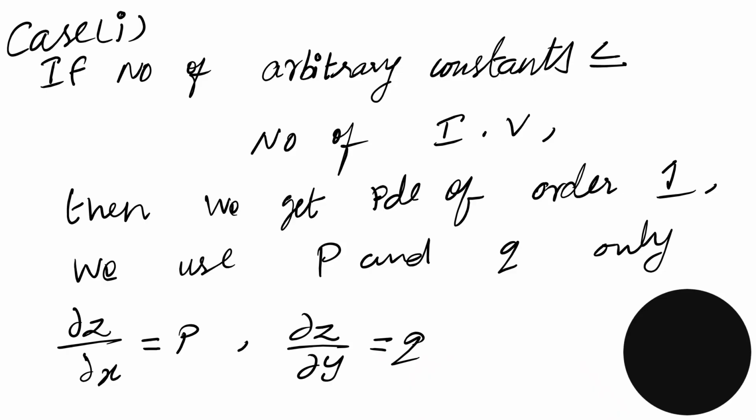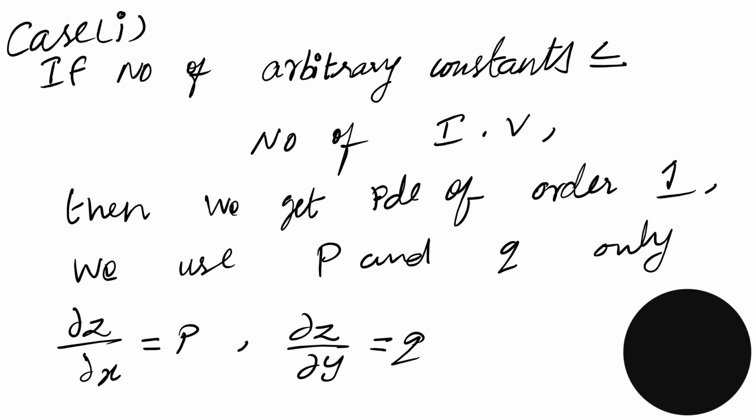Next, in Unit 1, we are going to solve problems. Let us see the first case: if the number of arbitrary constants is less than or equal to the number of independent variables, then we get a PDE of order 1.